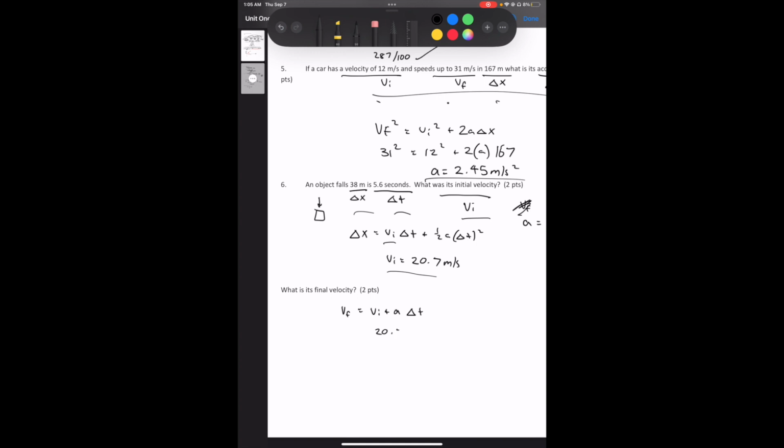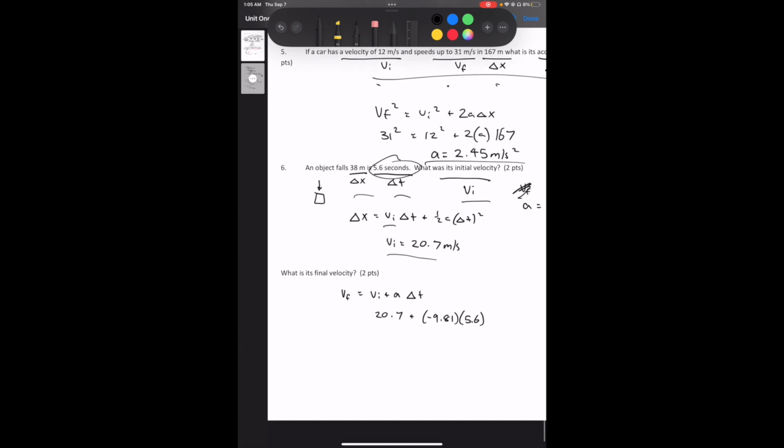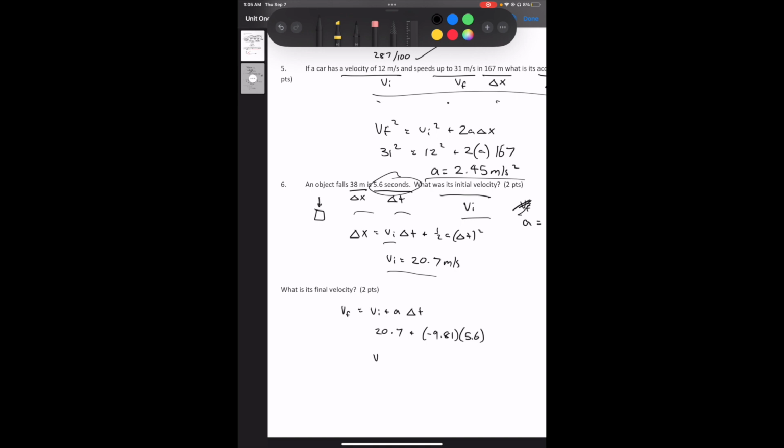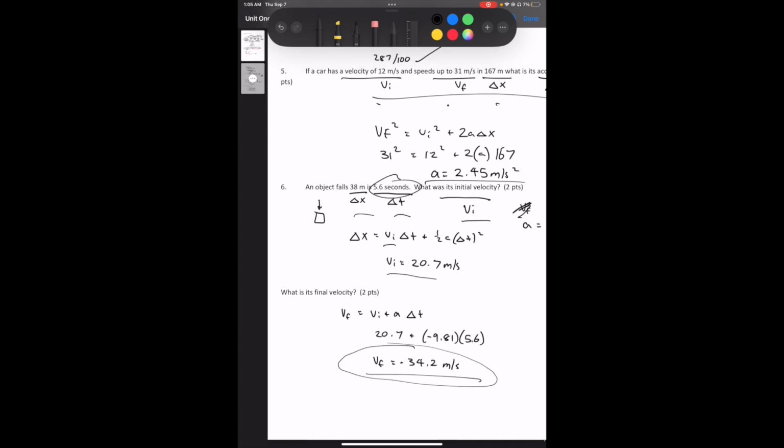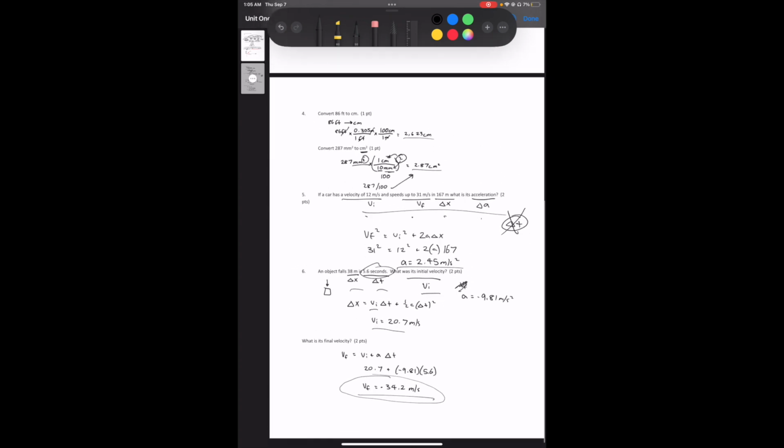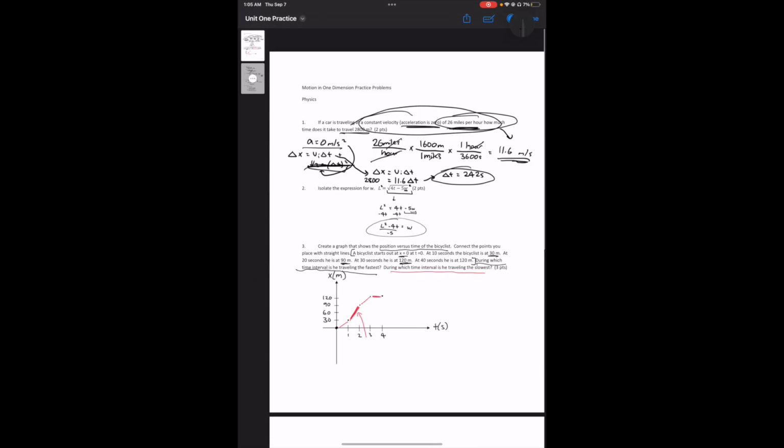And just plug the values in for each term that we have. 5.6 seconds from this here. Do some algebra, some math, and you'll end up with negative 34.2 meters per second. And yes, in this case, our velocity is negative. And there you have it. That is the Unit 1 practice problem set.